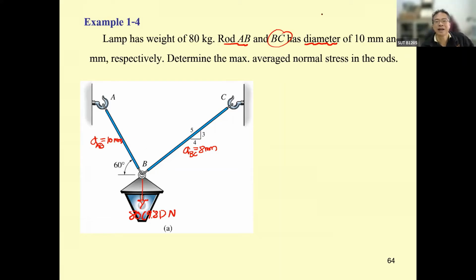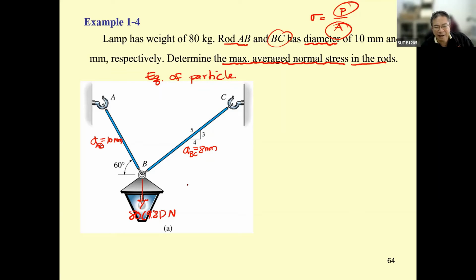Anyway, the stress is equal to internal force divided by area. Not only the A is important, the P also plays a role in determining the maximum average normal stress in the rod. Okay, for sure they should not be equal. But how are we going to do it? We're going to go back to engineering statics, when we consider equilibrium of a particle.